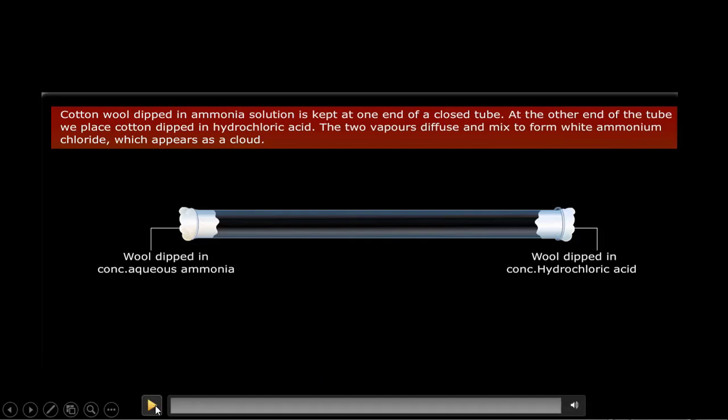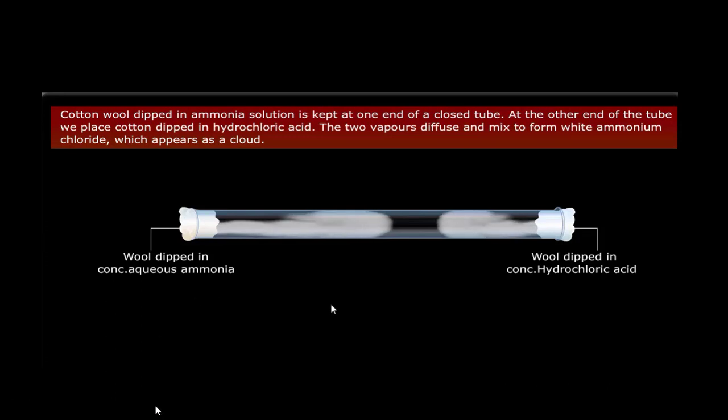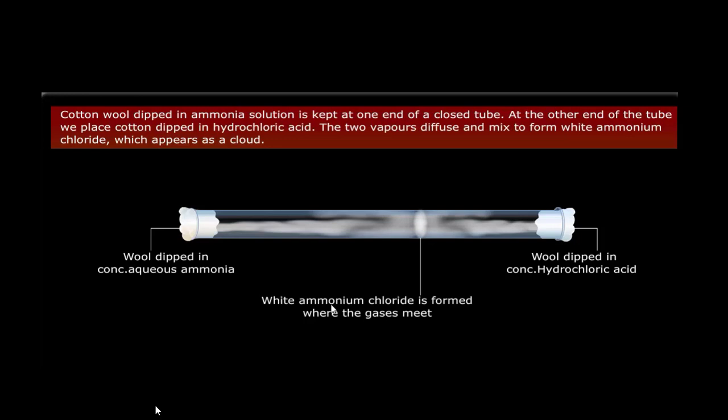Let me play that small video. As you can see, the diffusion is taking place. It shows that ammonia gas is less dense than hydrochloric acid gas, so it travels fast and covers a longer distance.